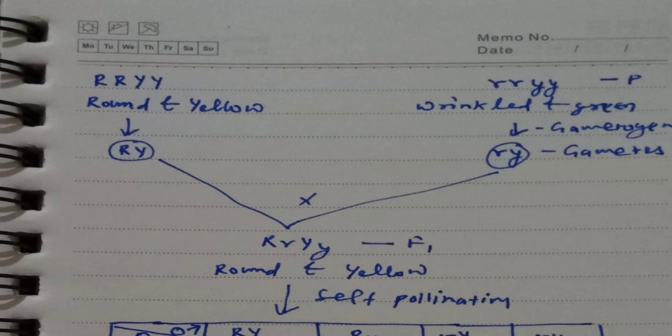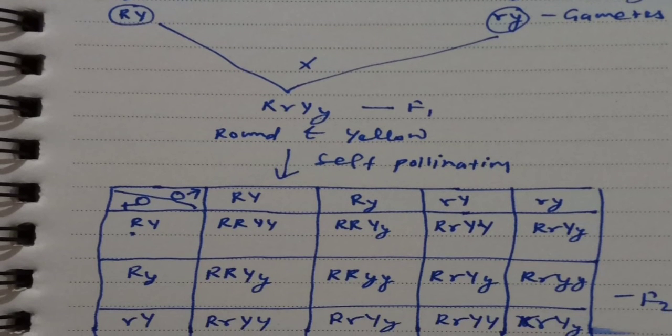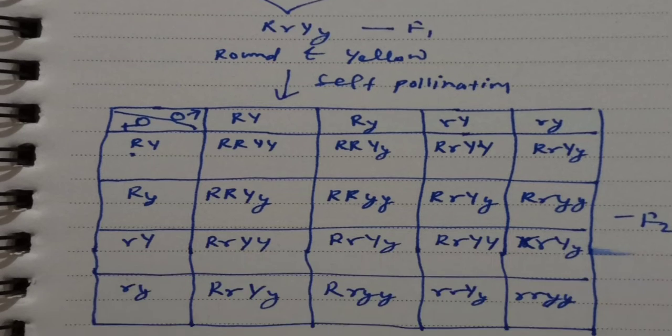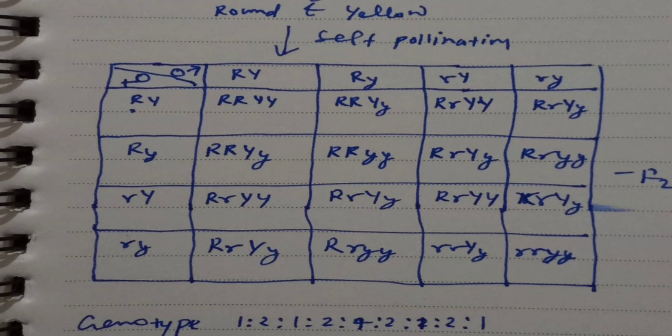small y. And when we make the cross, we find the F1 generation, that is capital R, small r, capital Y, small y, and the phenotype is round and yellow. And when we make self-fertilization or self-pollination, we find the F2 generation. Such a table is called a checkerboard or Punnett square to identify the F2 generation.